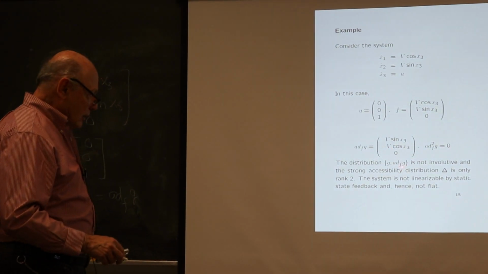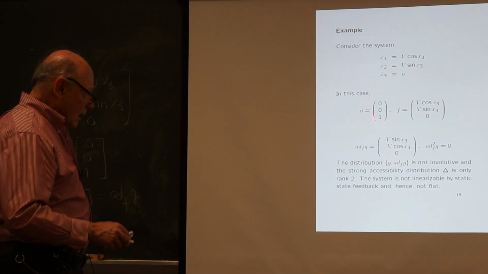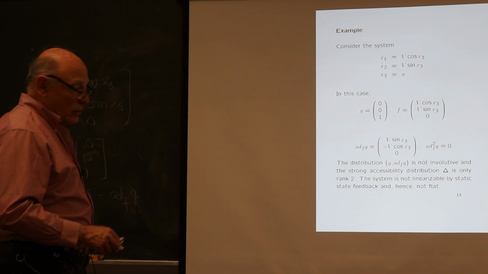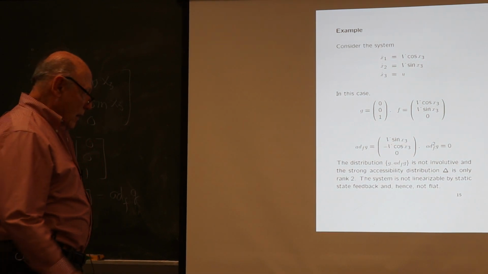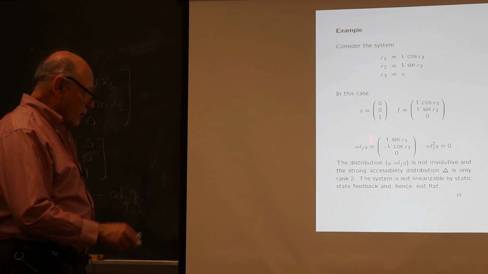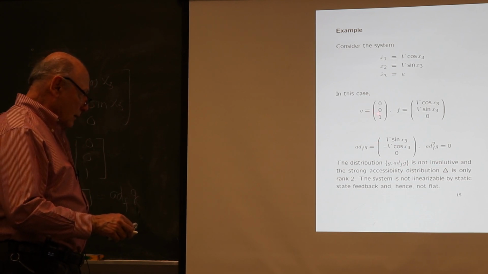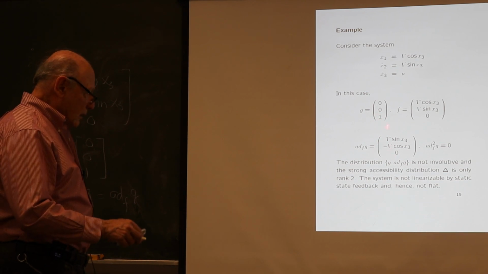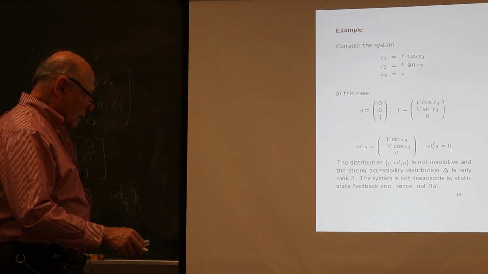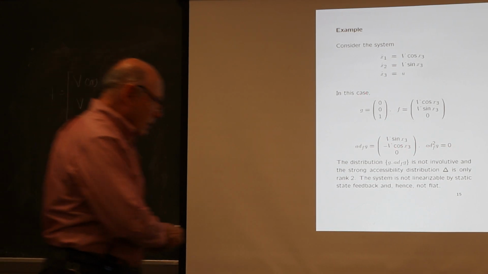So g, ad fg is this set of two vectors, and they span only a 2-dimensional subvector space. Therefore, g, ad fg cannot be involutive, because if you take the Lie bracket of g and ad fg, you will not obtain, not 0, but you will not be linearly independent.